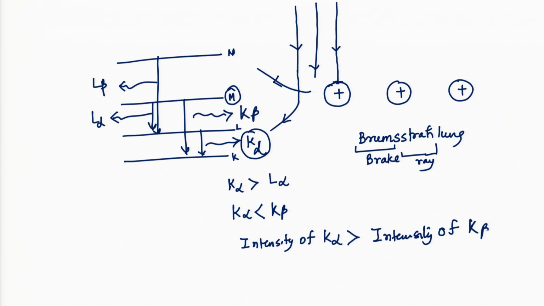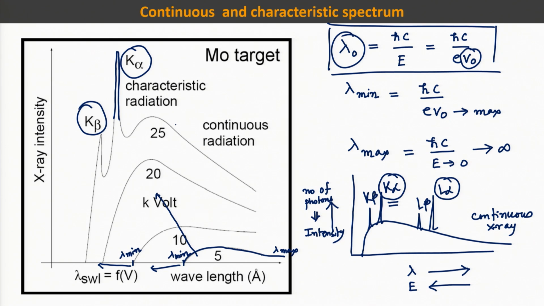because the electrons present in the L shell can come several times to the K shell, but the electrons present in the M shell can come only a few times. So the intensity of K beta will always be lower than K alpha.